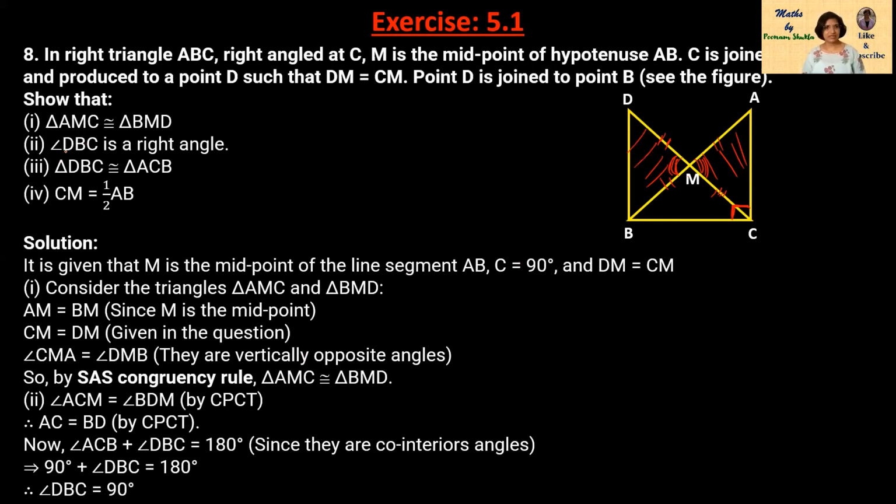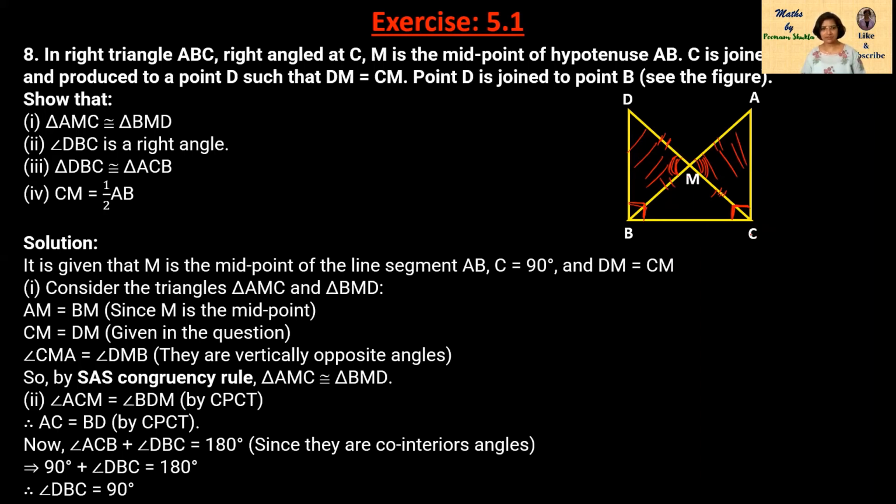The second part says angle DBC is a right angle. In the second part, we have to prove this. So angle ACM equals angle BDM.